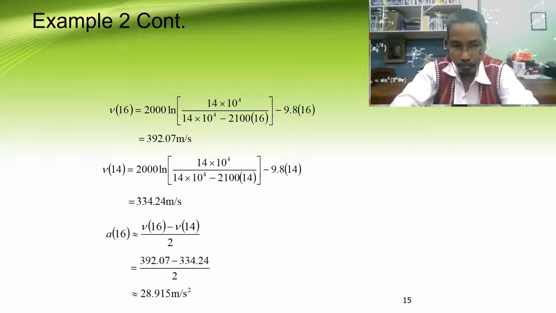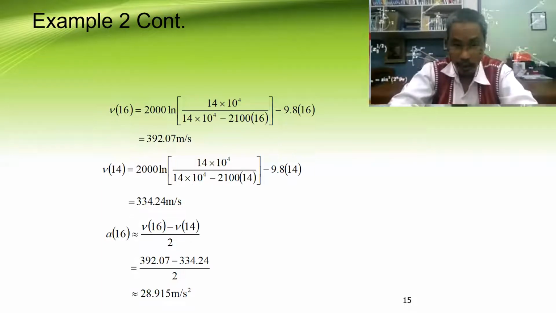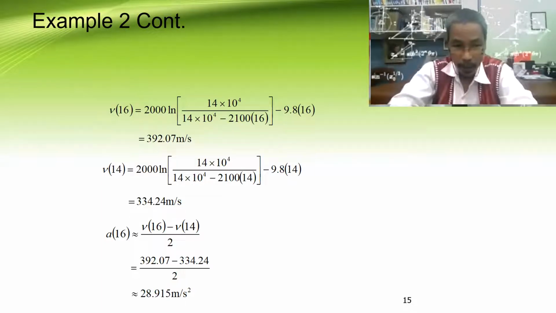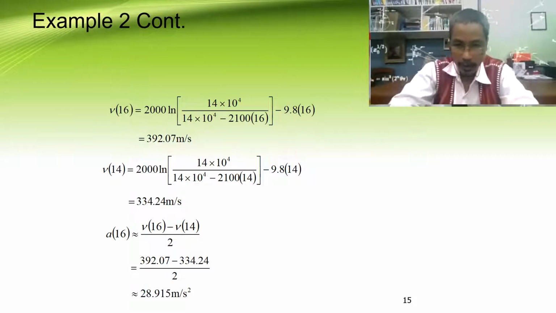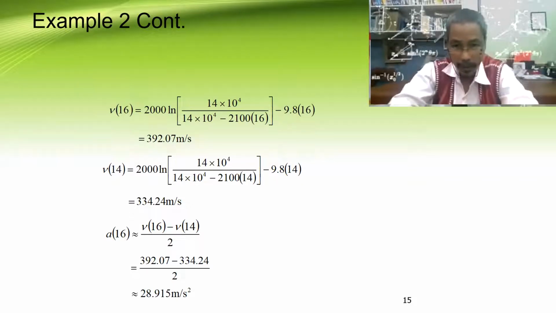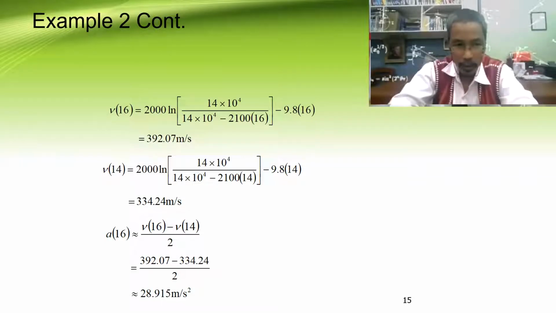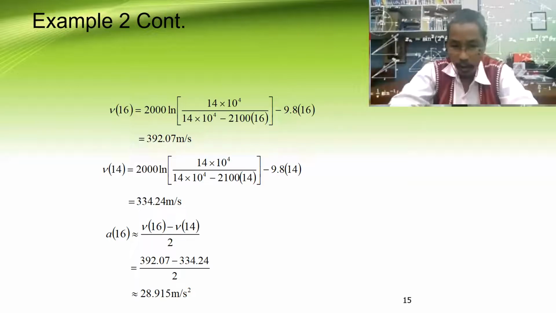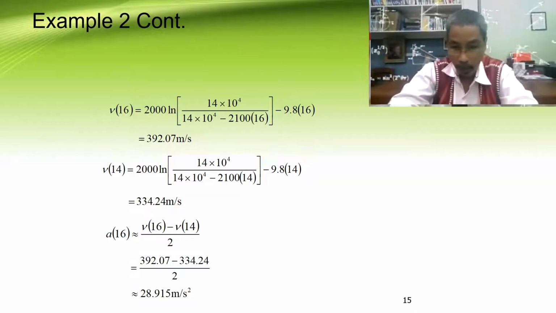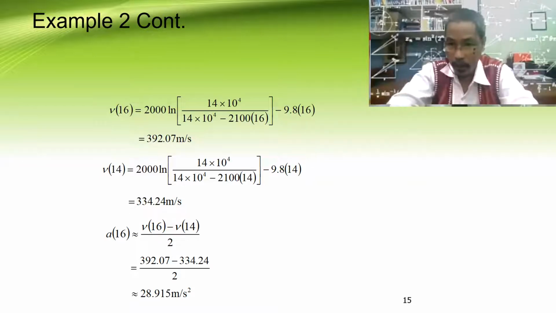This is the same as in the previous module; we already solved this velocity at 16. Now, what about the velocity at 14? Just replace the variable t by the value of 14, and you will find out that the result would be 334.24 meters per second. Now we have the two values necessary in order to evaluate the acceleration.